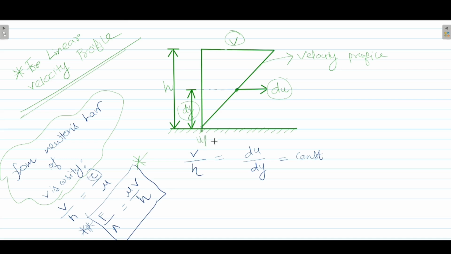This is A, this is B, this is C. This is a triangle ABC, and then this point is A, this point is B prime, and this point is C prime. In the two triangles ABC and AB'C', if you follow the similar triangles law, you will find that V by H is equal to du by dy. I think it is very easy to understand. Now, if you write F by A in place of tau, which is the stress, because stress is equal to force upon area.